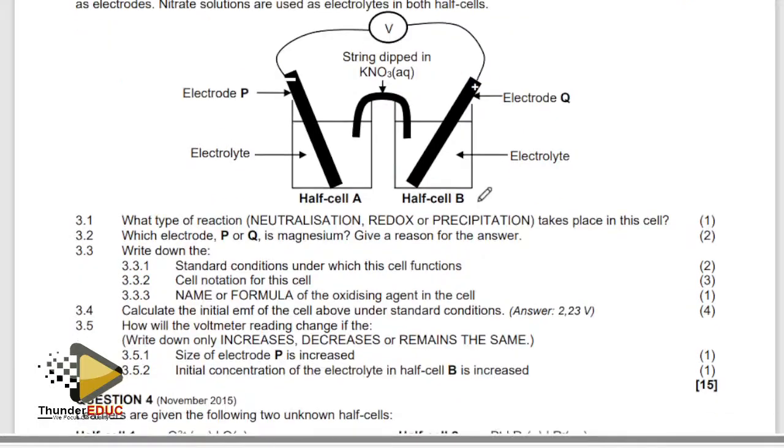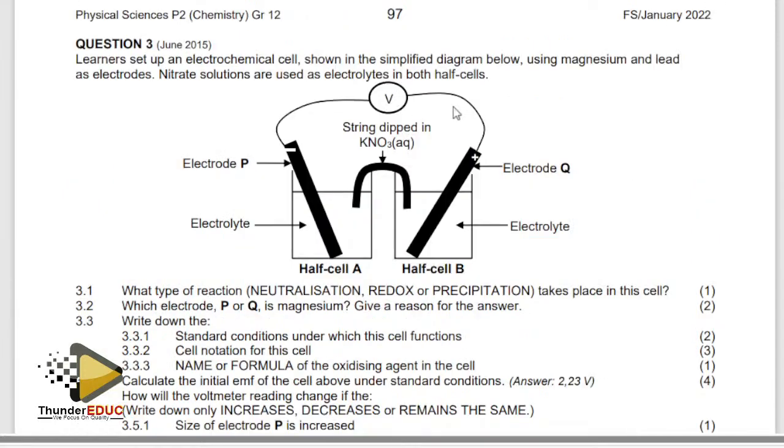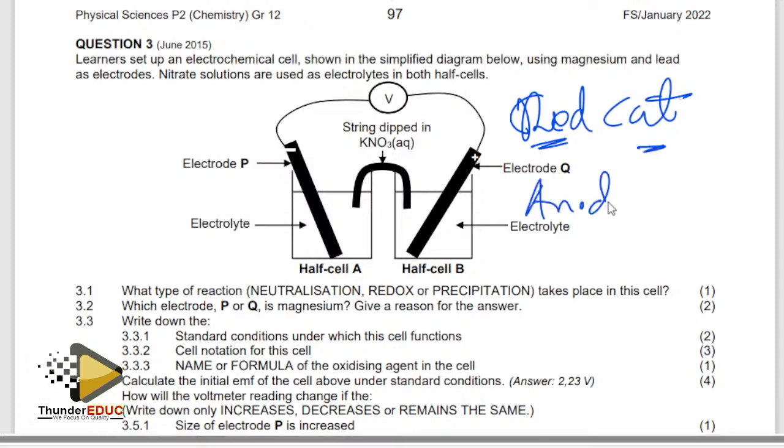Which one do we put on the cathode? Which one do we put on the anode? Don't forget that. Use RED CAT: Reduction at the cathode, and AN OX, which means oxidation at the anode. In here, the anode is positive and the cathode is negative.